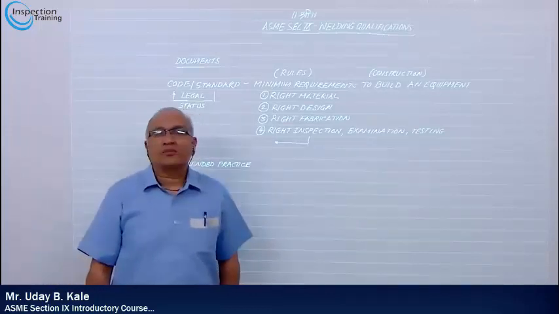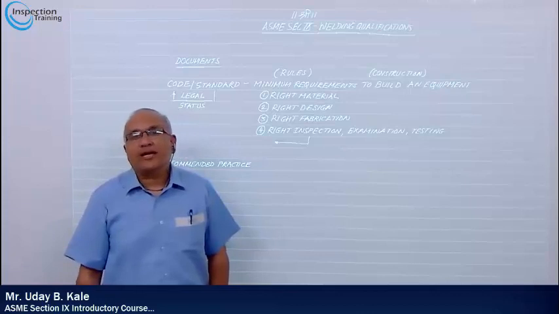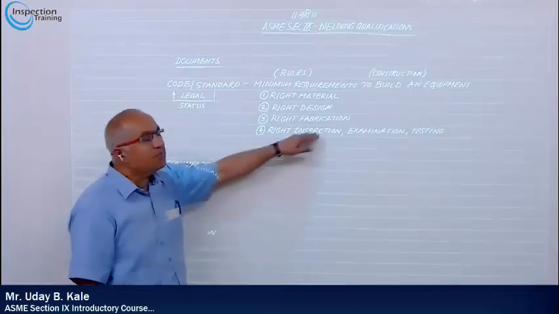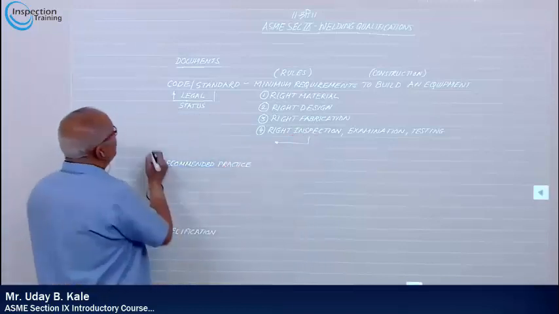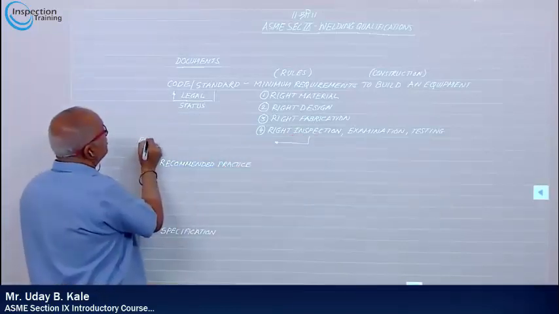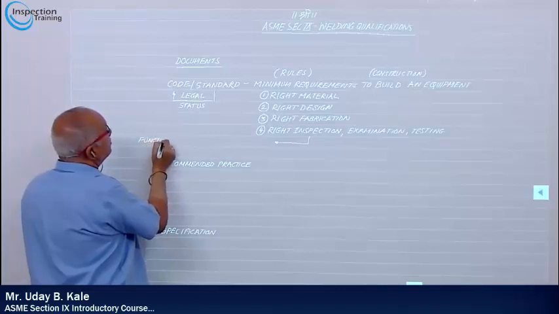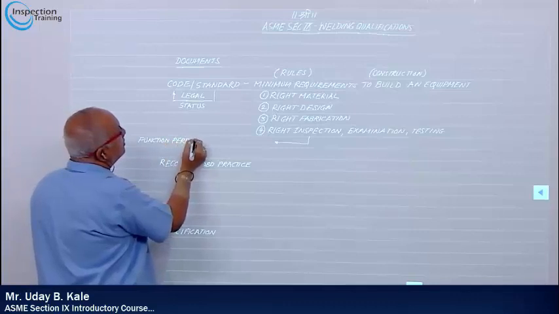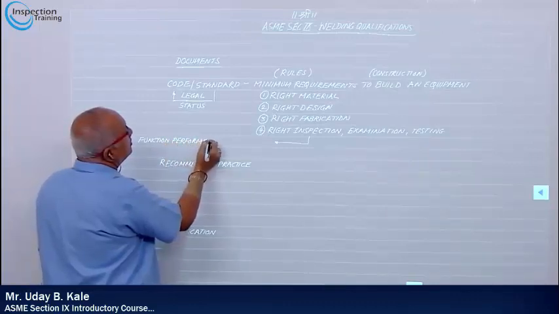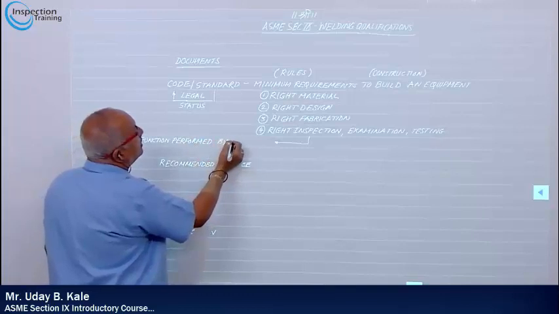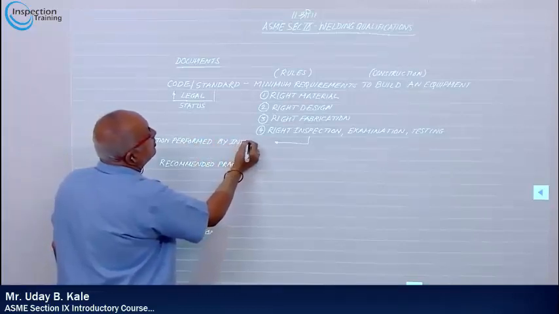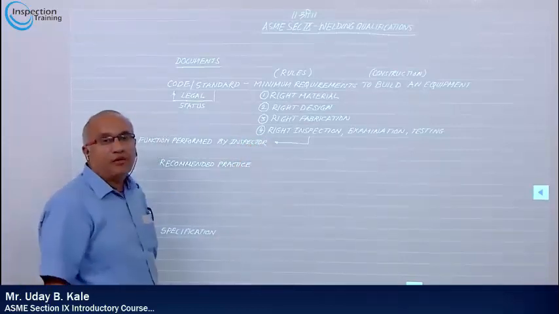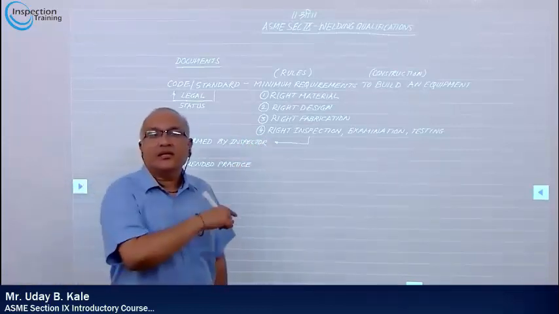Sometimes it is also called a quality assurance plan. So the simple definition of inspection is a function performed by an inspector. Very simple. Function performed by inspector.